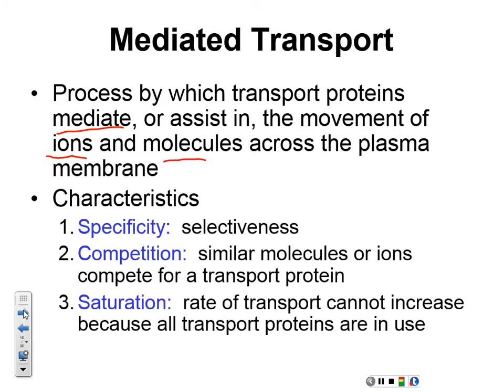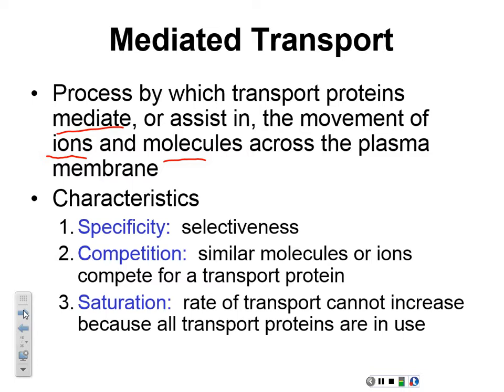So something assists. Because there is something carrying the substance that's being moved across, what happens? You're going to have competition, right? Because if you have similar molecules, they're going to compete to attach to that carrier molecule. And it's going to be selective.